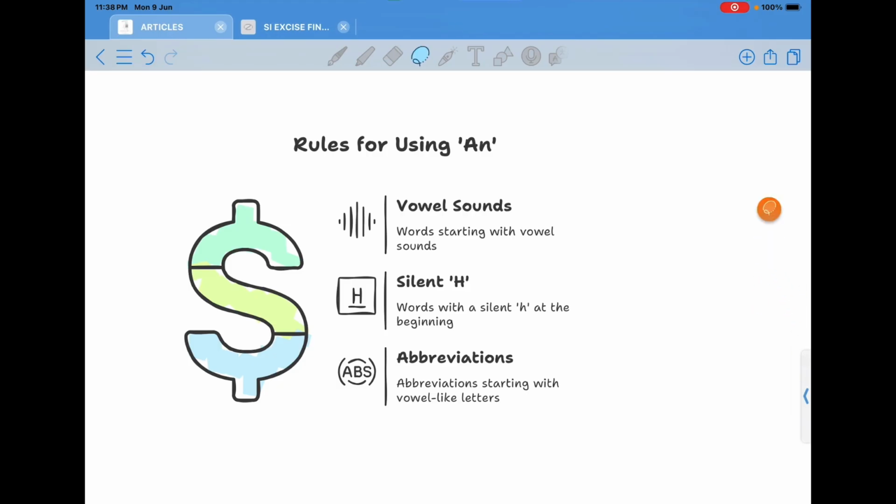Next is, see, there is a kind of abbreviation starting with vowel-like letters. Now, what are vowel-like letters? Vowel-like letters are those letters that are not vowels but begin with vowel sound. Not vowels, remember this.